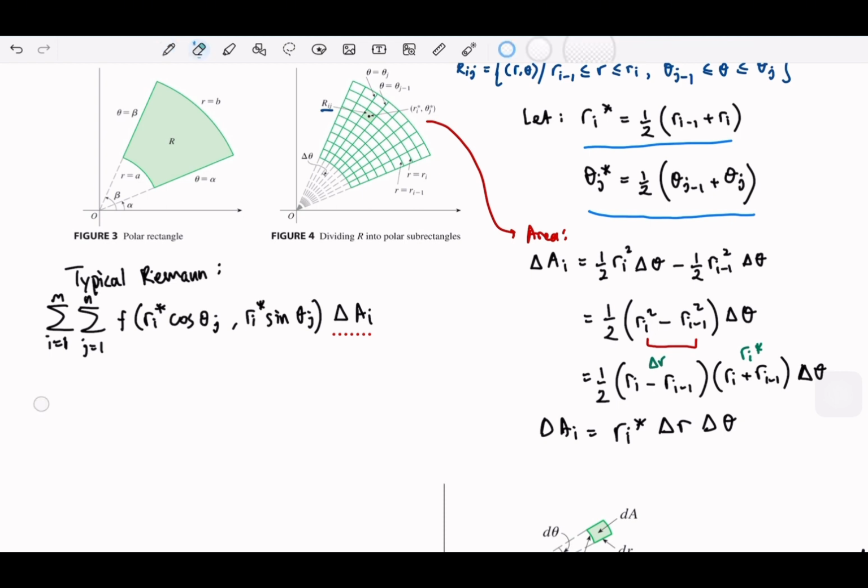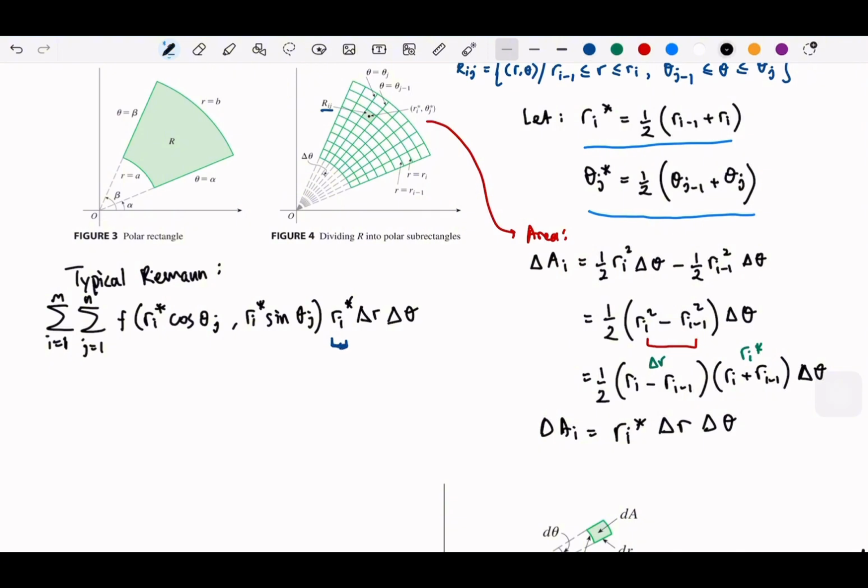Or maybe let me just describe the area directly. Becomes r, and then delta r, delta theta. Okay. So if you see the structure, there will be a little bit of differences from the regular double integrals. So we have some additional r here. Okay.